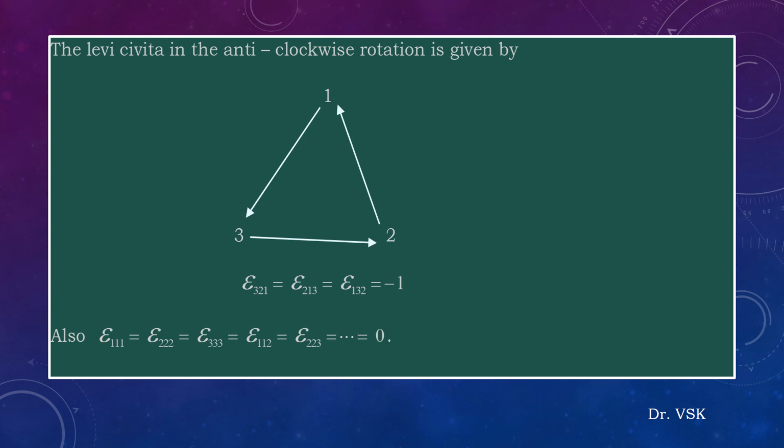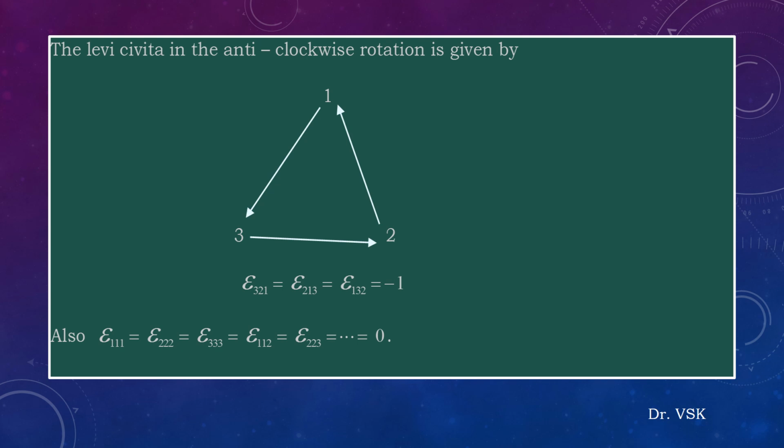If we start at 1, we have to move in the anti-clockwise direction to the number 3 and then reach 2. Then epsilon suffix 132 equals -1. So epsilon suffix 321 equals epsilon suffix 213 equals epsilon suffix 132 equals -1.